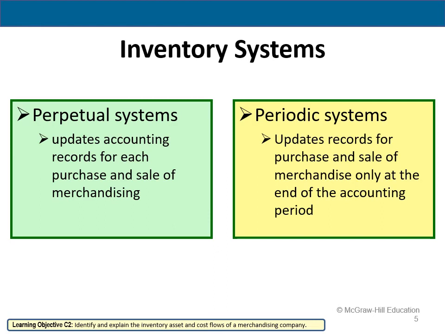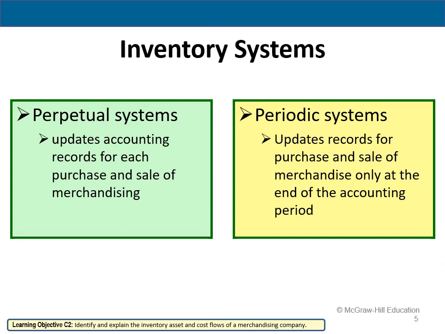So if you're at Walmart and there were 10 jars of peanut butter on the shelf and you purchase one, when you scan that, immediately typically, or at least at the end of the day when the system updates, the records would be updated to show that there are now 9 jars of peanut butter in inventory.